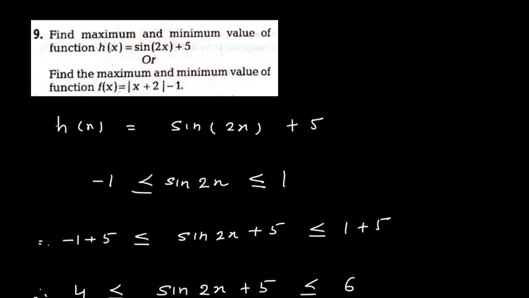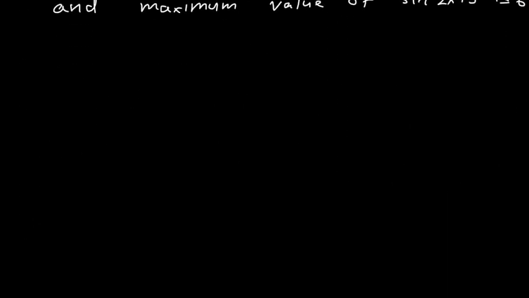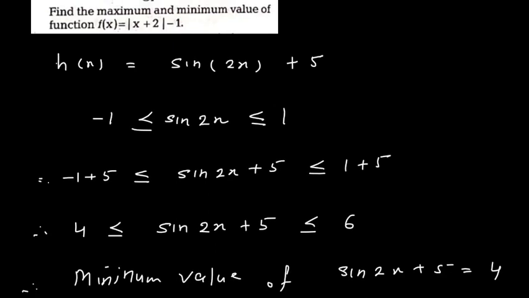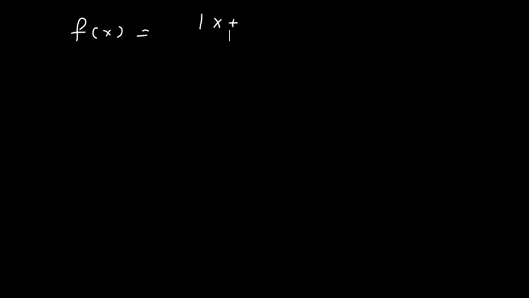Now the second problem is we have to find the minimum and maximum value of mod x plus 2 minus 1. So here again the given function fx is mod of x plus 2 minus 1. Now this mod x plus 2 we know is always going to be greater than or equal to 0.